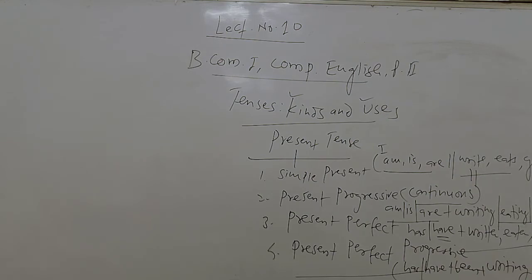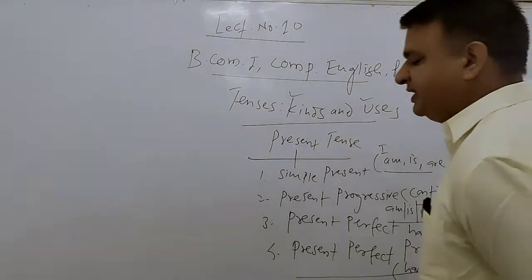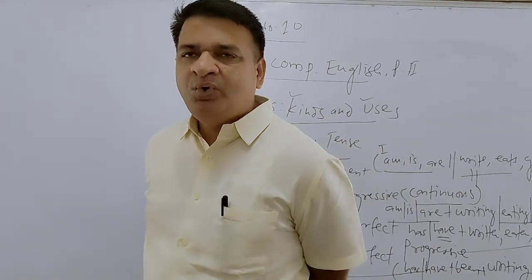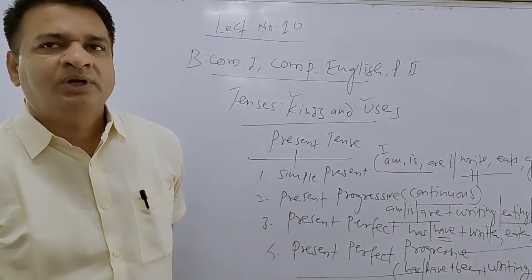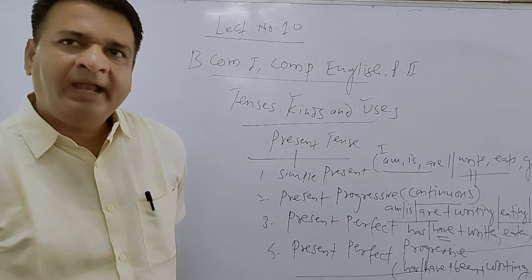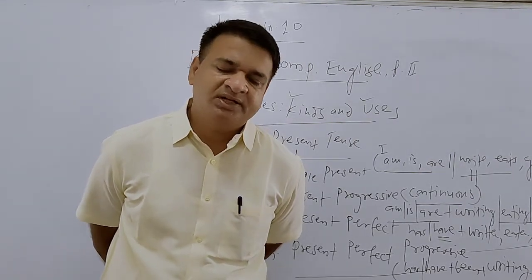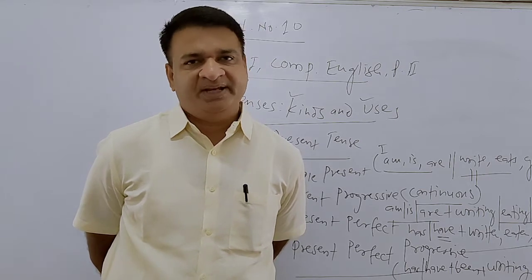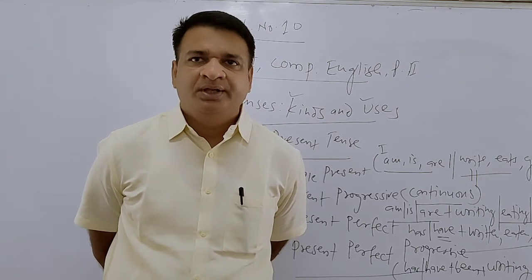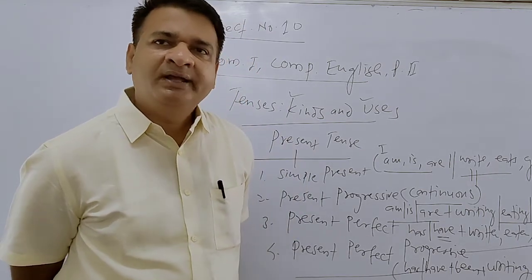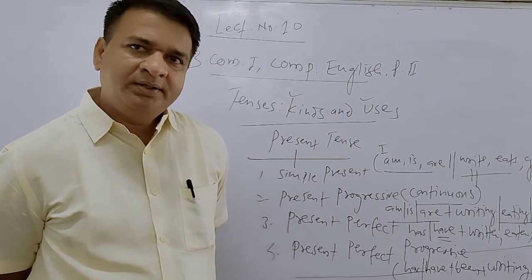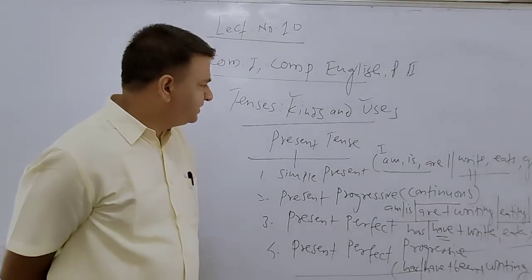So these are the 4 types of present tense, and most of the time we speak or converse with someone in simple present tense, because simple present tense plays an important role in communication. We less interact with someone in past tense and future tense, but most of the happenings and routines we communicate, interact, hold dialogues, or write in the simple present tense.